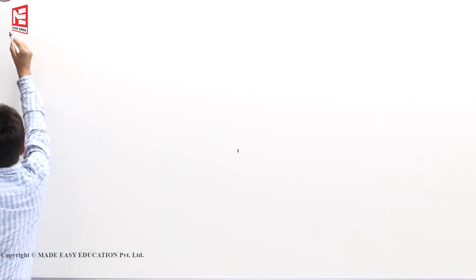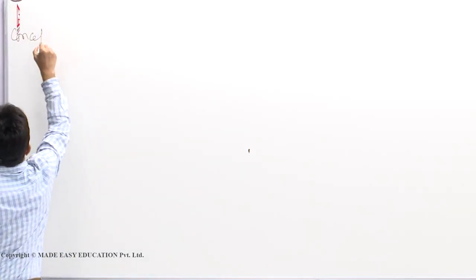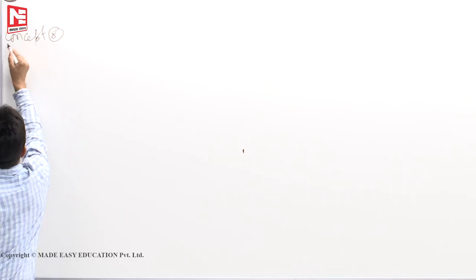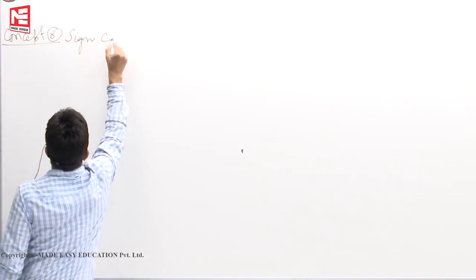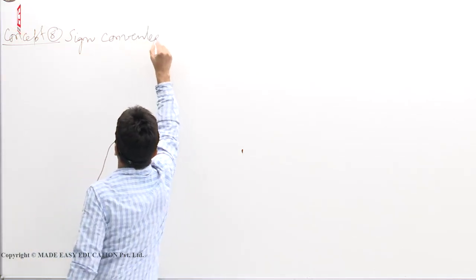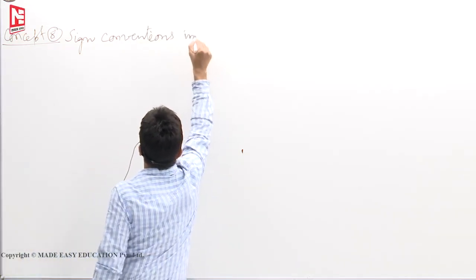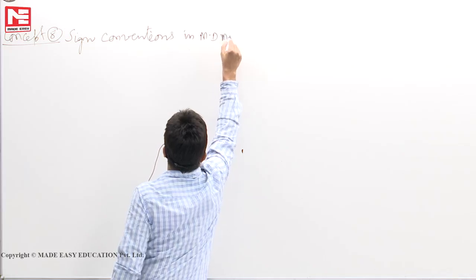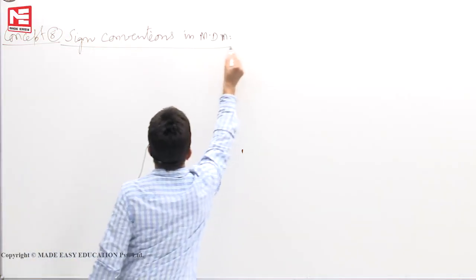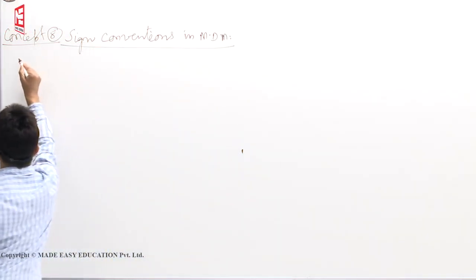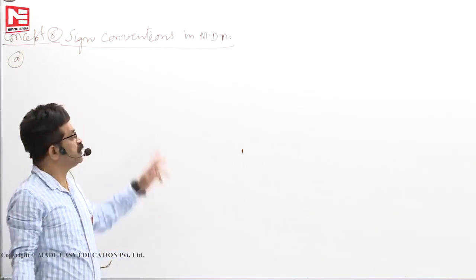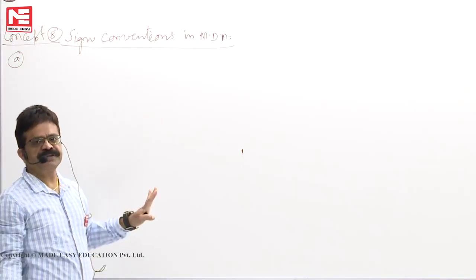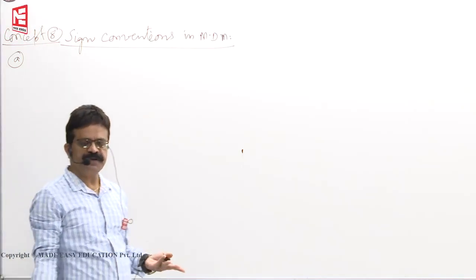Now we'll take the next concept. Sign conventions. Sign conventions in moment distribution method. We take the clockwise end moments, clockwise rotations, as positive.